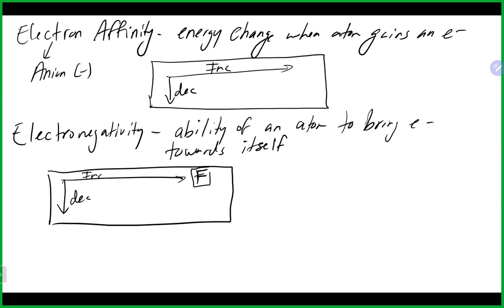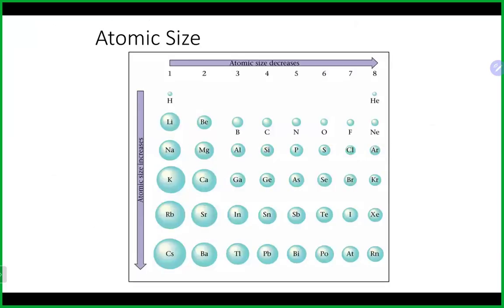And we're going to see an increase in that electron affinity, right? Affinity basically means that you like something, so you like to gain electrons, you typically will gain electrons. Any questions on those? We will see electronegativity more with the bonding in the next chapter as well. But it's a good periodic trend to think about.